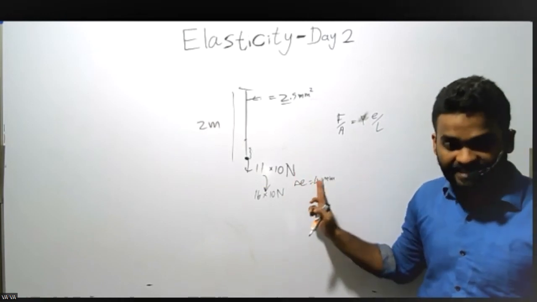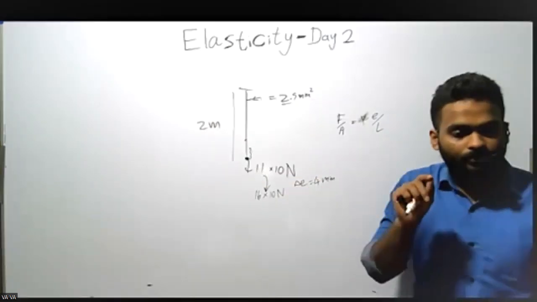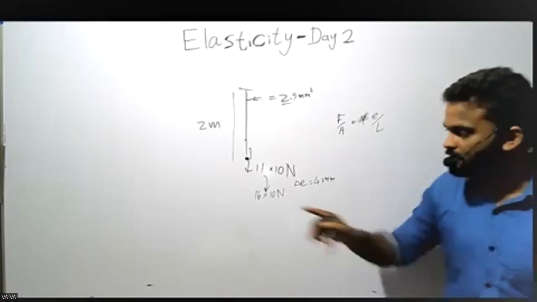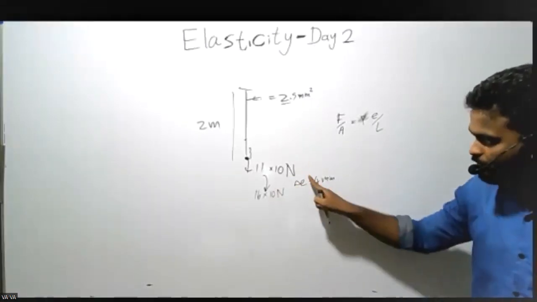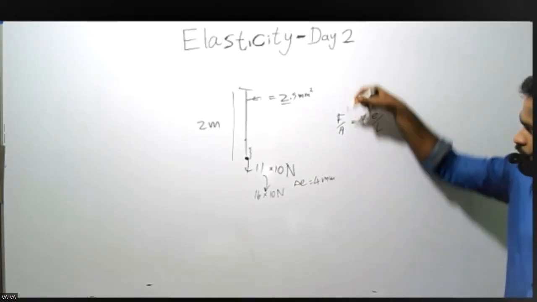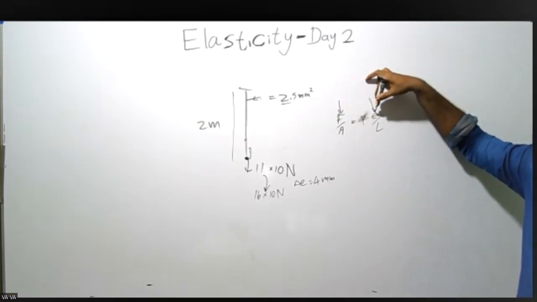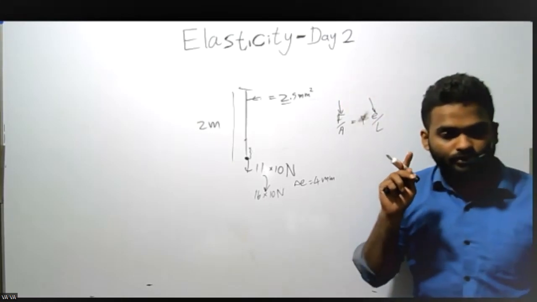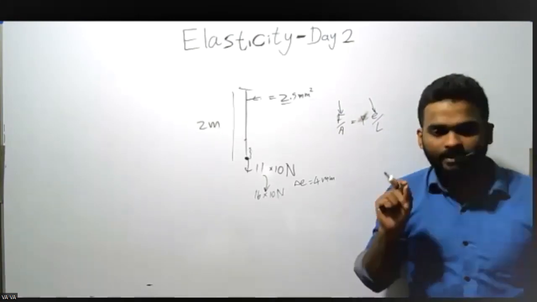So this is change, not the exact values. Whenever you get something like that, force has changed, then the extension changes with that. So in this equation, these are the variables, force and extension.